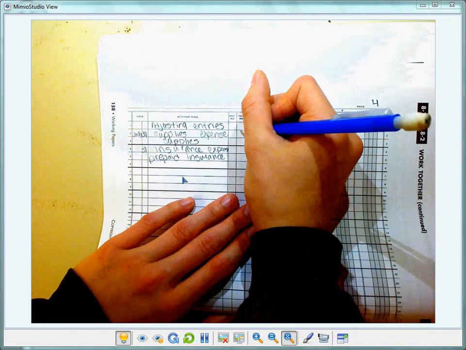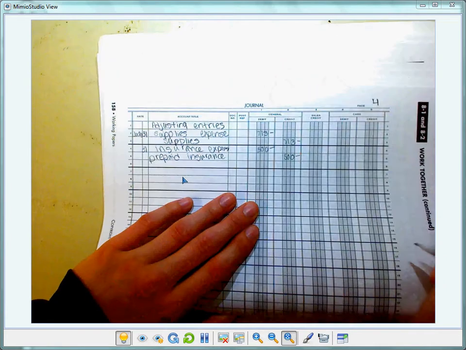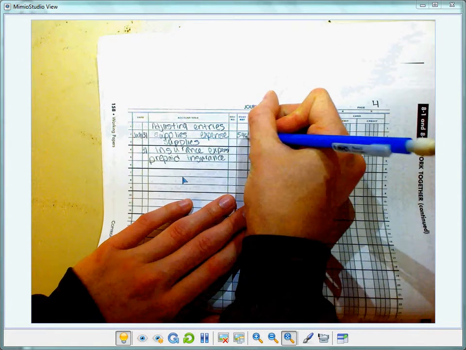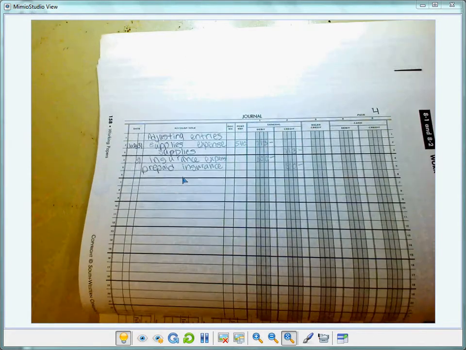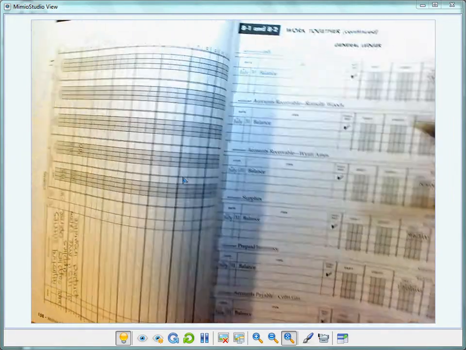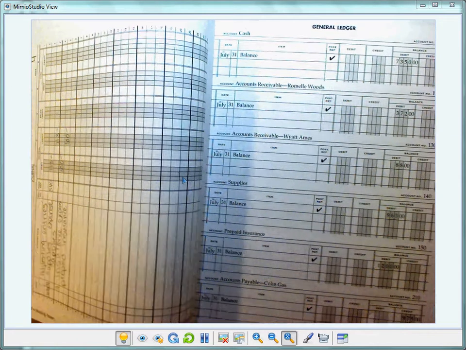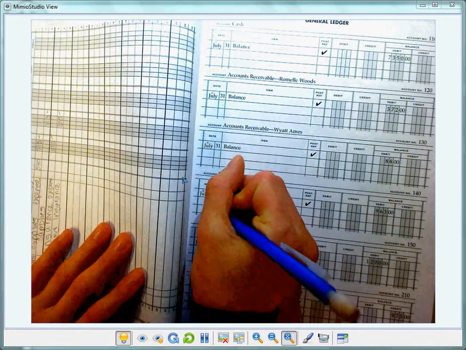What is our account number for supplies? Okay, 540 goes in there. Okay, now we need to post supplies. Supplies is on page 159. So we'll just write the 31st there for our date.